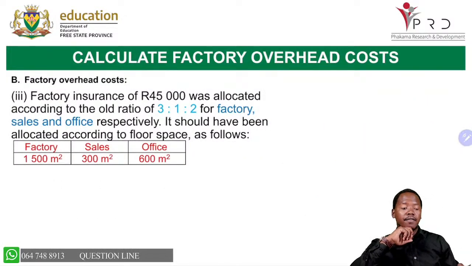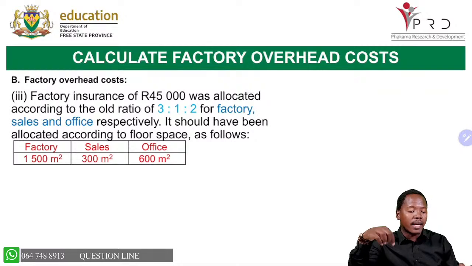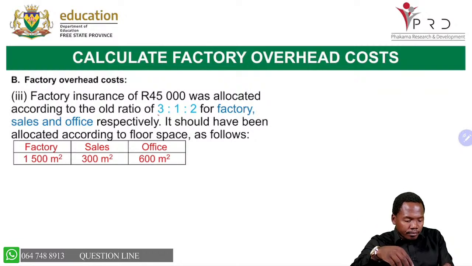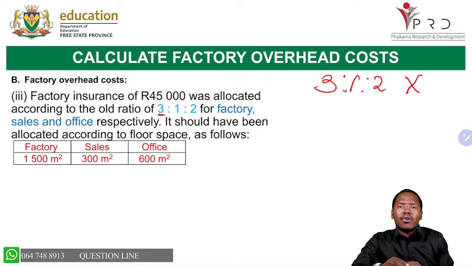This says factory insurance of 45,000 was allocated according to the old ratio of 3:1:2. This is an incorrect ratio. It's not right. So 3:1:2 is not correct.